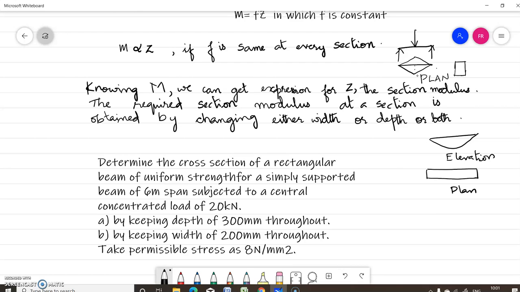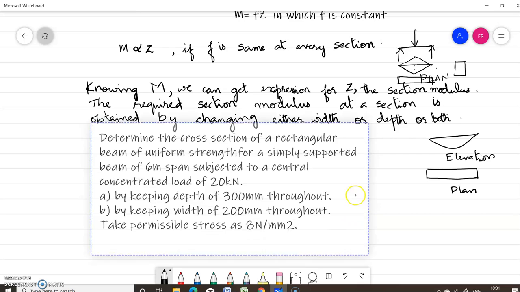So here the width is same but the depth changes. So here in the plan the width changes, the depth remains constant. So these are the different ways. So it will be clear when you do this problem.